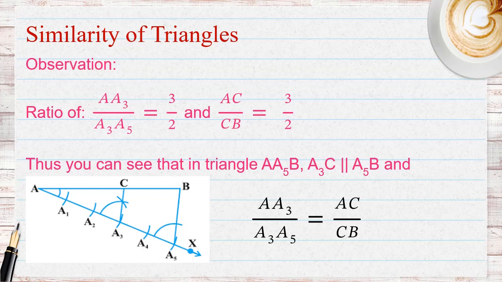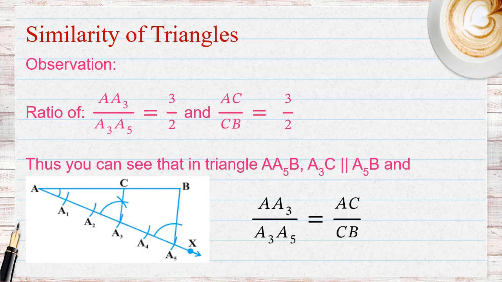What have you observed? You have observed that the ratio of AC upon CB is equal to 3 by 2. At the same time, we know that the ratio of AA3 upon A3A5 is also 3 by 2.